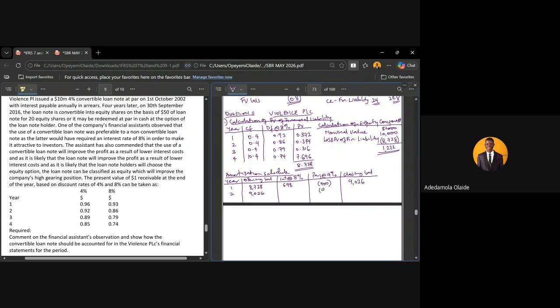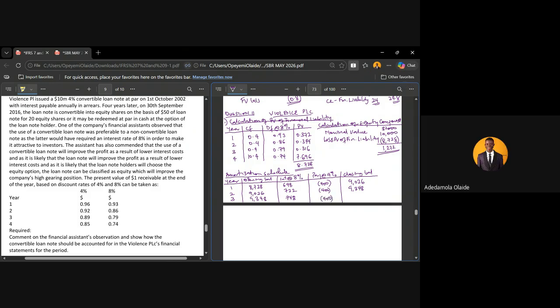Interest at 8% is $722. Closing balance, year three, $9348. Interest at 8% is $748. Payment 400.